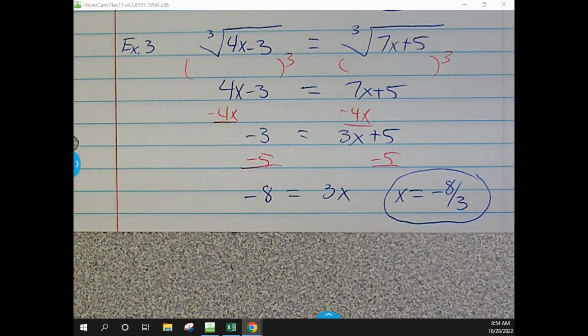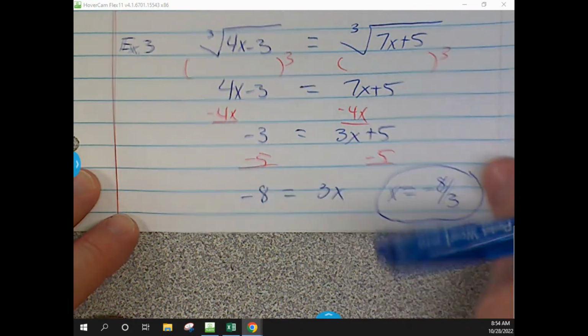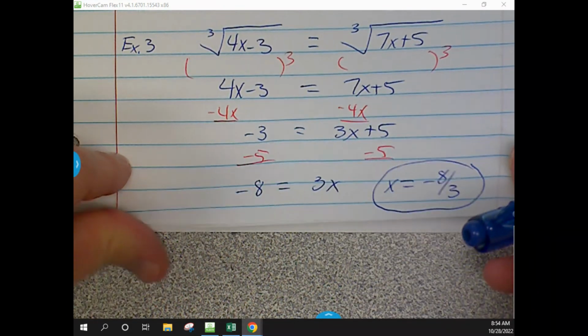Okay, so here's the first one that's a little bit different. And if you can catch this one thing, then there's really only one other thing after that we've got to worry about. Okay, so for example 4, we're going to change it just a little bit.